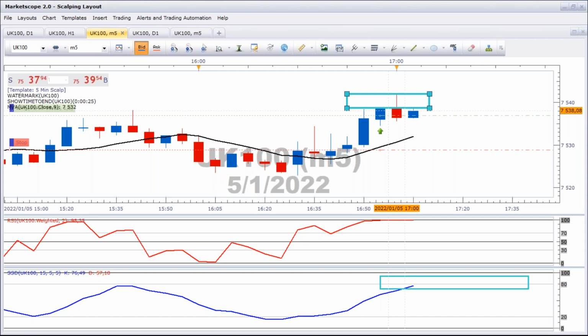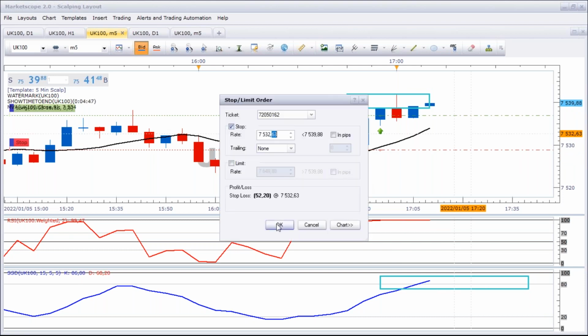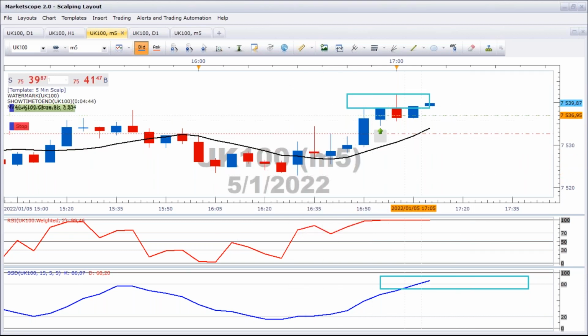Still holding, isn't it? We're going to move the stop up in 25 seconds. Yeah, all right, let's get some more risk out of this. Still want to give it some room to breathe.